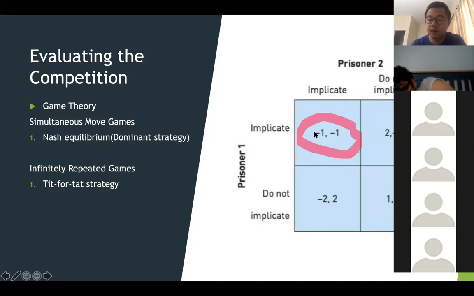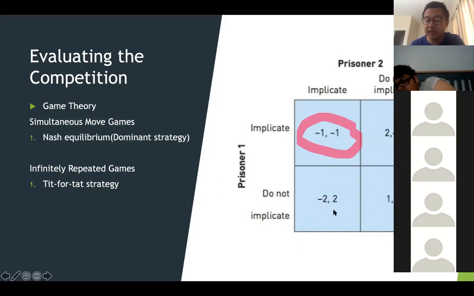If prisoner two chooses implicate, and we do not implicate, we get -2.